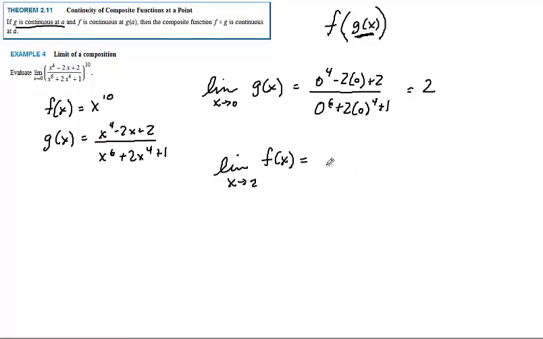So I can plug that in. And this would be 2 to the 10th, or 1024. The limit equals the function value due to the fact that it was just a plain polynomial. Therefore, the composition of this function, 1024, is continuous.